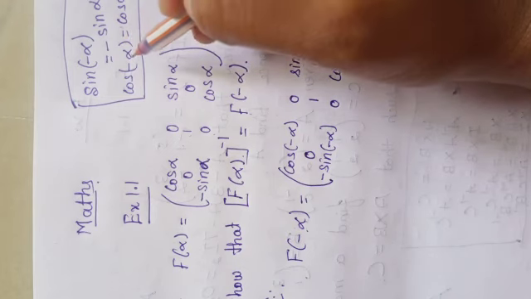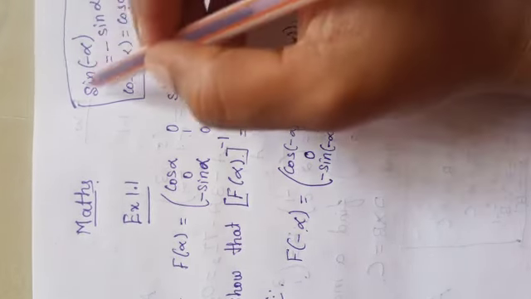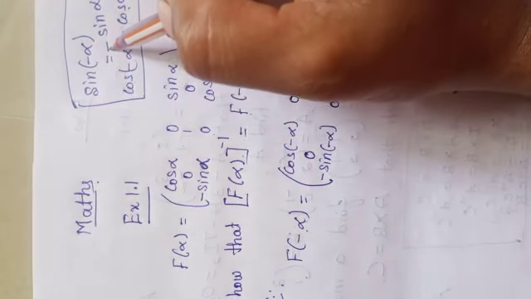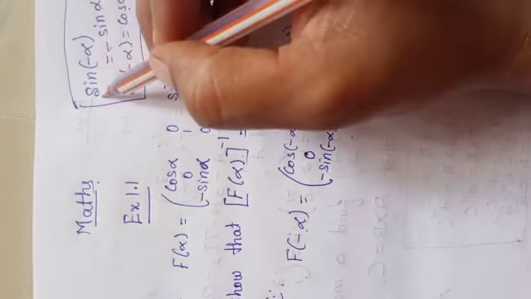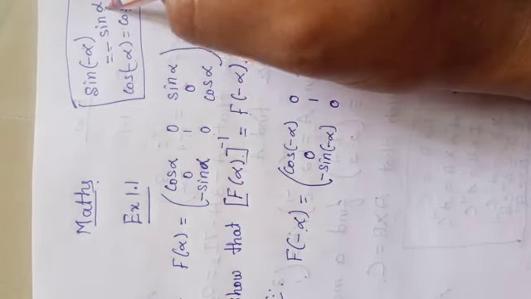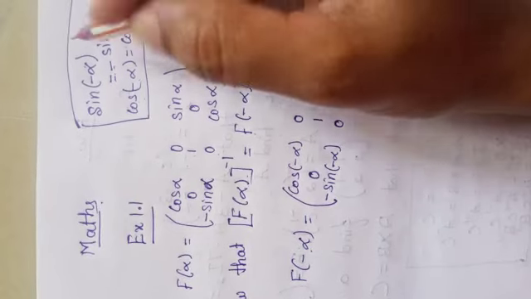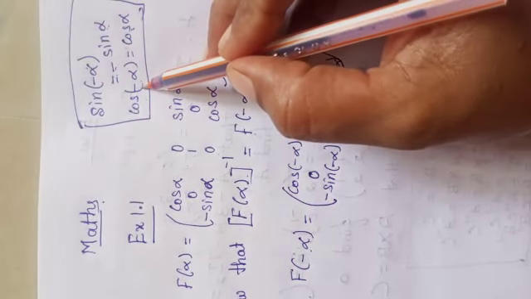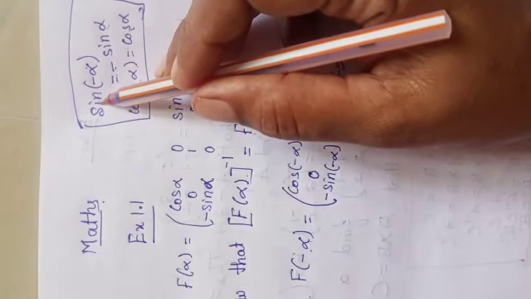Is it not? In the fourth quadrant, cos is positive, so cos of minus alpha is cos alpha. Sin is negative in the fourth quadrant, so we get minus sin alpha. So we say cos is an even function and sin is an odd function.